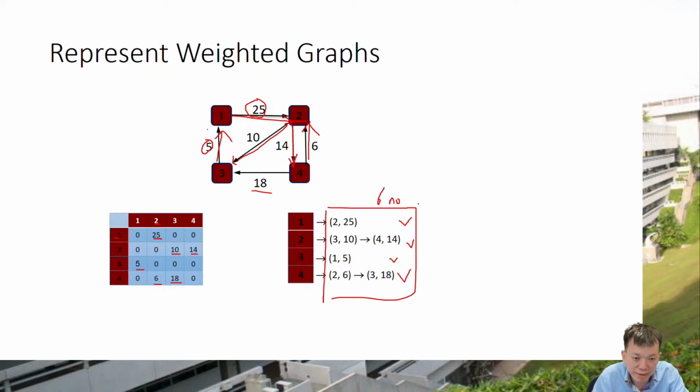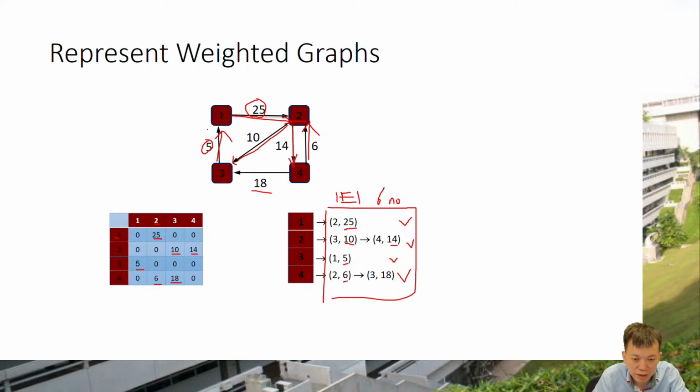In fact, it is based on the directed edges you have. So here I have 6 directed edges, and the corresponding adjacency list has 6 nodes. It's 1 to 2, 2 to 3 and 4, 3 to 1, and then 4 to 2, 4 to 3. Their corresponding weights will be stored in another field.